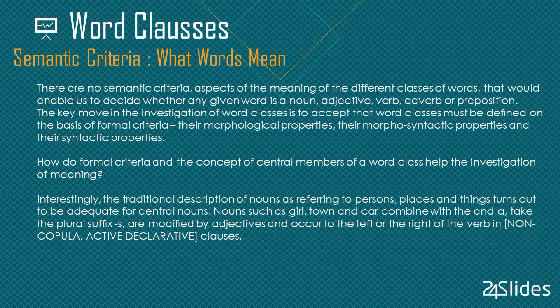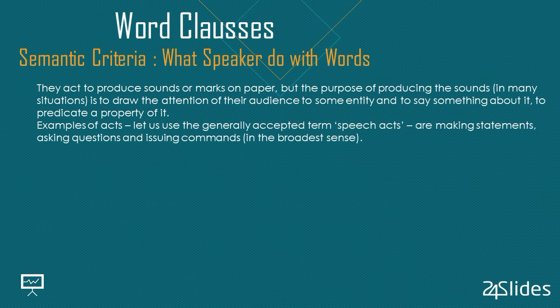The next: semantic criteria. What do speakers do with words? They act to produce sounds or marks on paper, but the purpose of producing the sound in many situations is to draw the attention of their audience to some entity and to say something about it, to predicate a property of it.